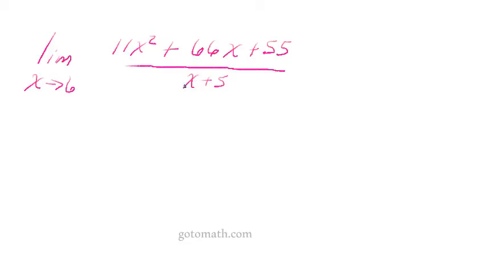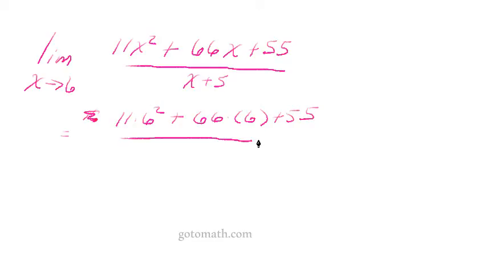What you'll want to do in this particular case is just do the direct substitution, 11 times 6 squared plus 66 times 6 plus 55, all over 6 plus 5. Do the direct substitution and get our number out.